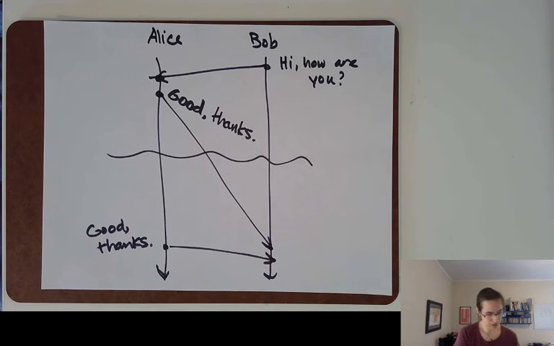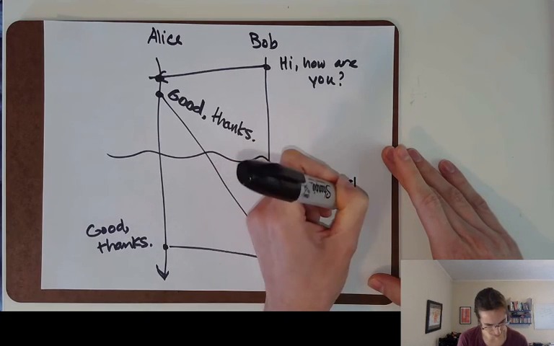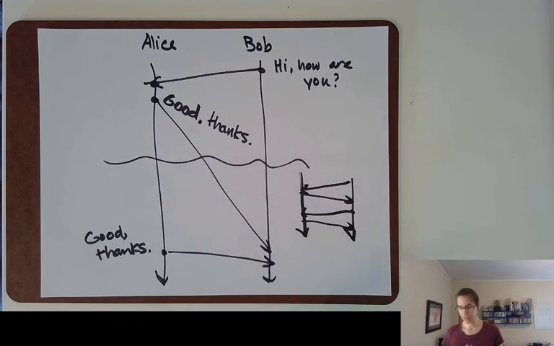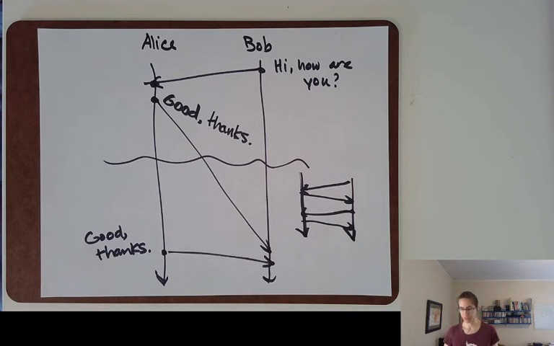For instance, you could have any number of back and forth exchanges, right? How are you? Good, thanks. How are you? Good, thanks. Ad nauseam, right? So if I asked you to draw a Lamport diagram that was some sort of complete characterization of this how are you, good thanks protocol, you wouldn't be able to do it, because there are infinitely many correct ways for a run of this protocol to go.